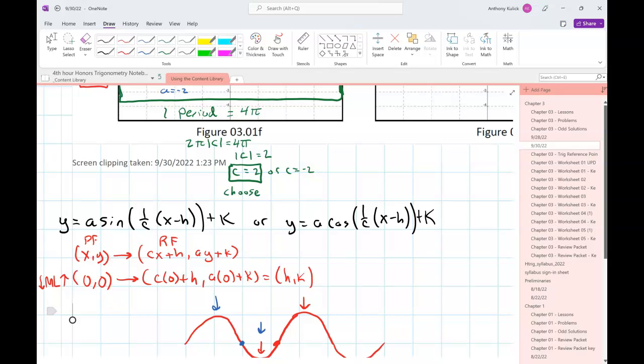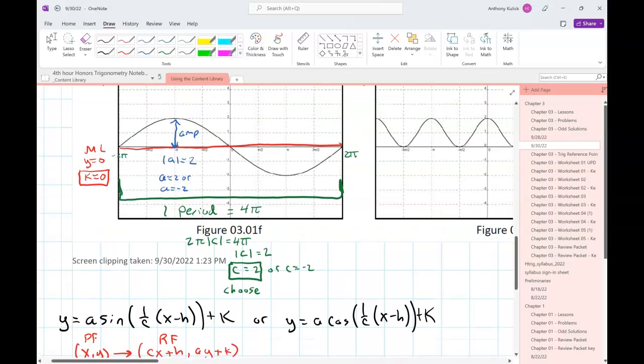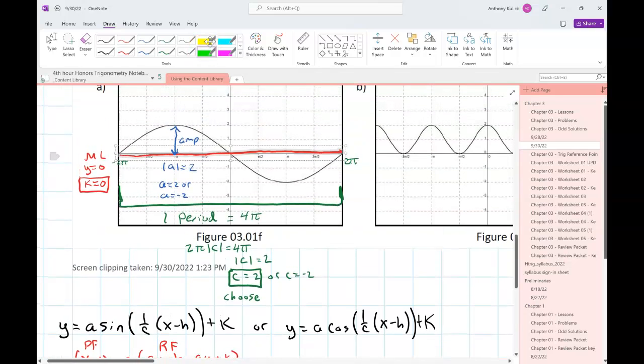What I'm going to do now is go to my picture and pick any midline point from my picture. It does not matter which one I pick. Which one would you pick? I'm picking 0, 0, right?